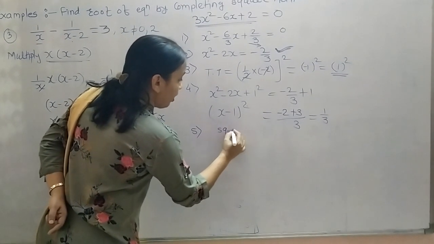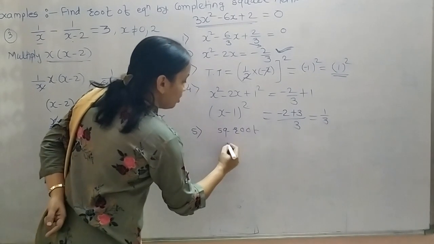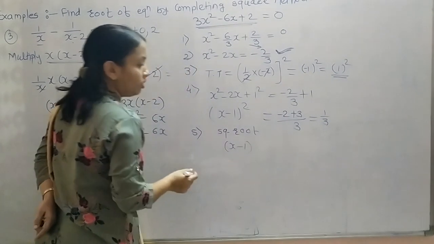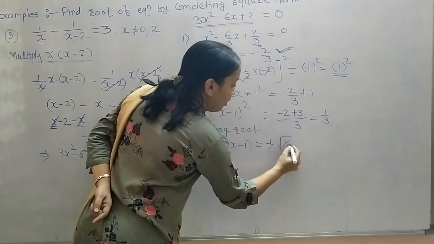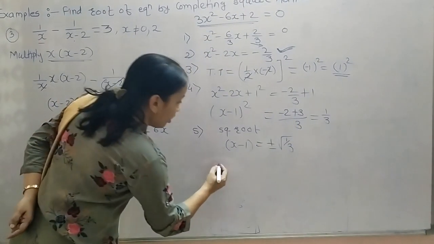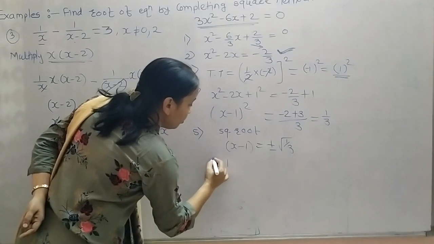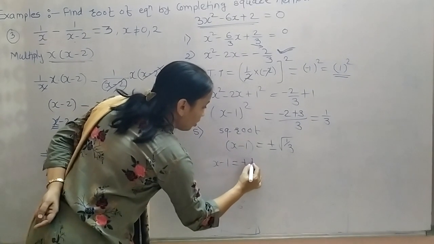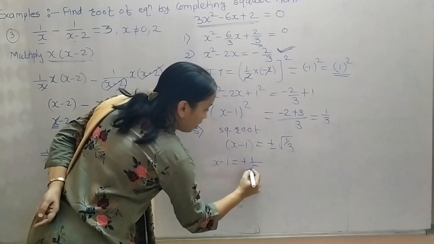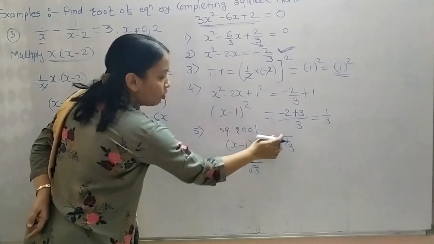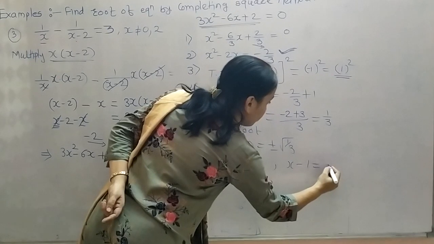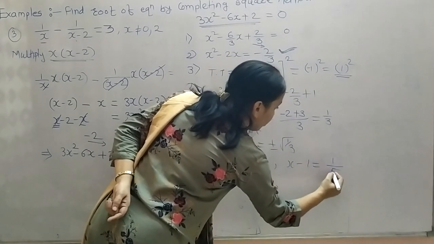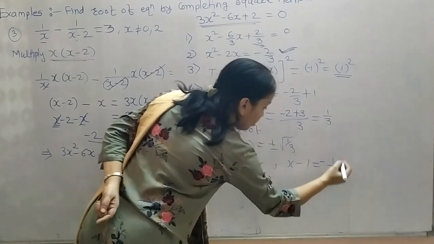Taking square root of both sides. This will be then x minus 1 is equal to plus minus under root 1 by 3. Therefore x minus 1 is equal to plus under root 1 by 3, because under root of 1 is 1, and the other is x minus 1 equal to minus 1 upon under root 3.